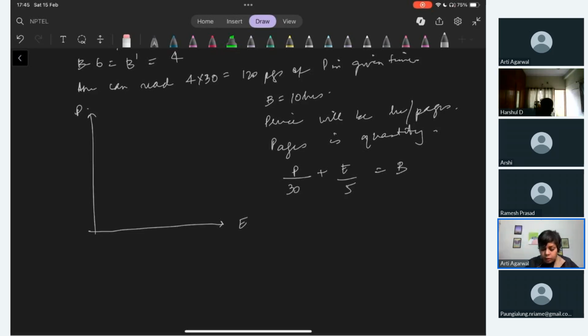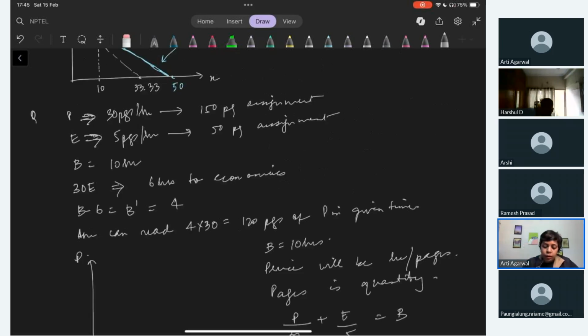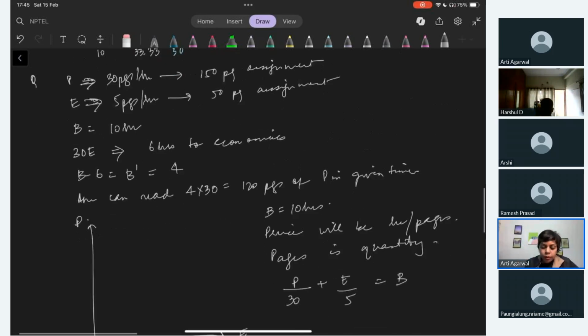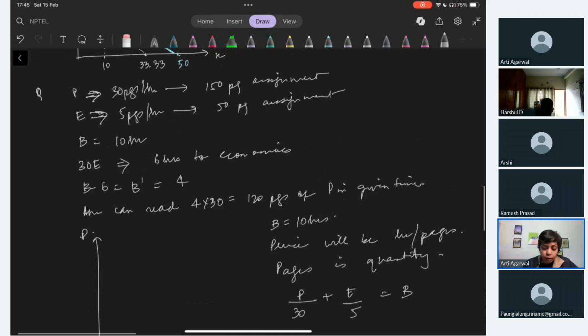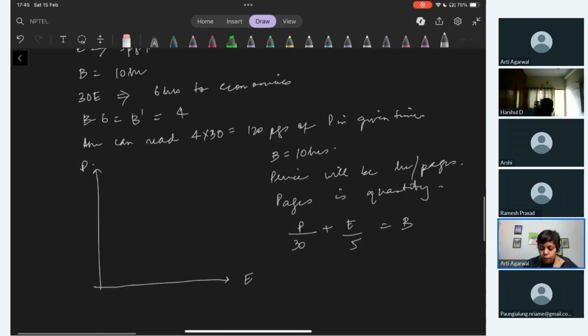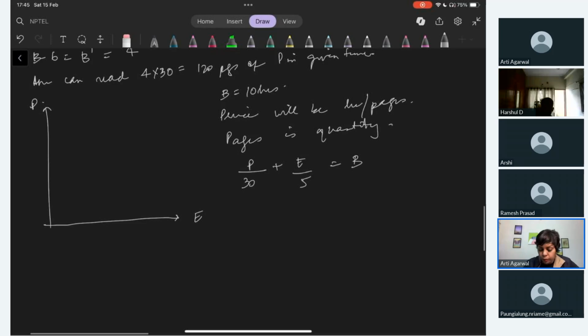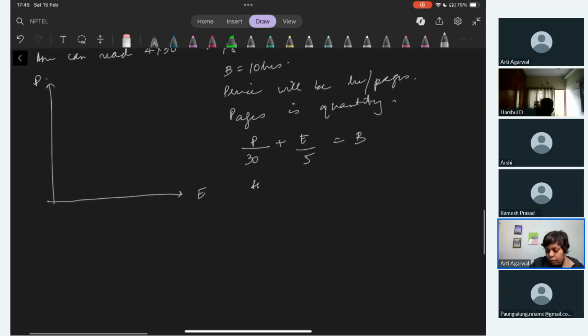Now you can draw this on the diagram, but you're also given some constraints. Now what she has to do is in terms of quantity. She needs 150p and 50e. She needs to finish that, or she needs to consume that.